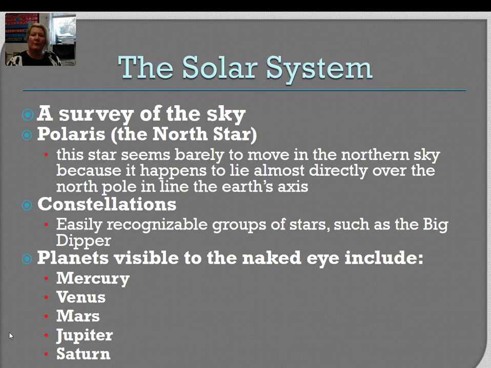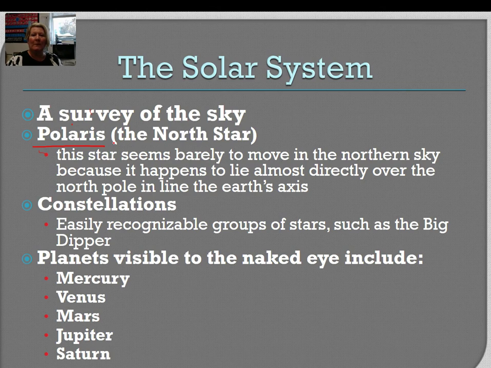I want to go over a few terms here with regard to the solar system. Polaris is the North Star, and its significance is that it happens to lie in the path of Earth's axis.